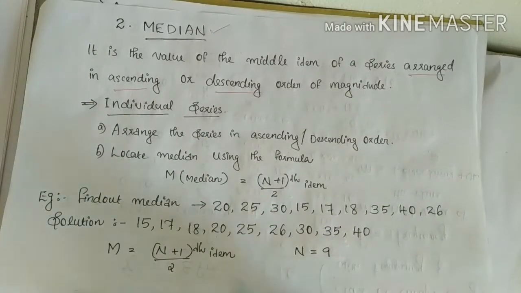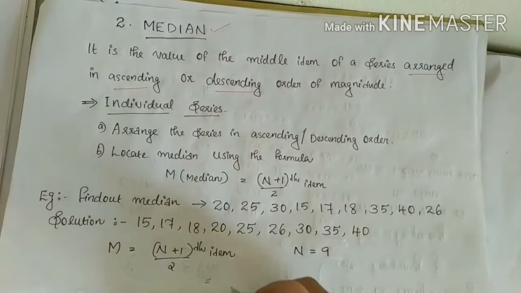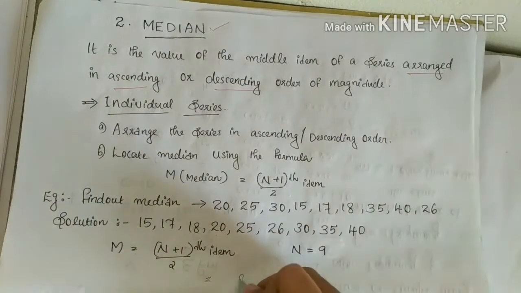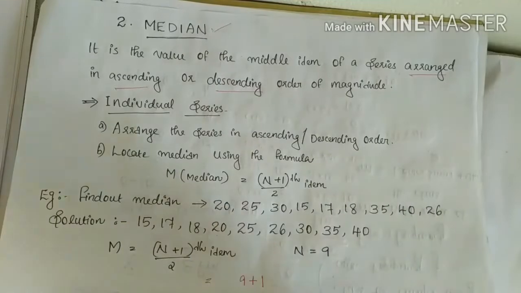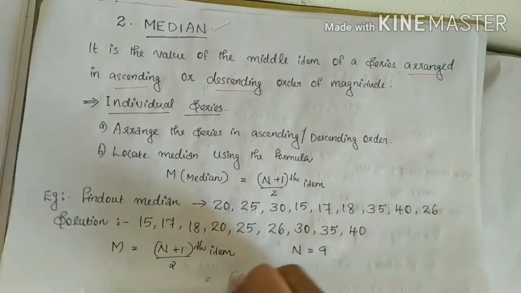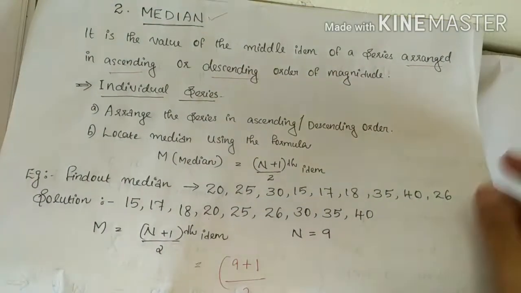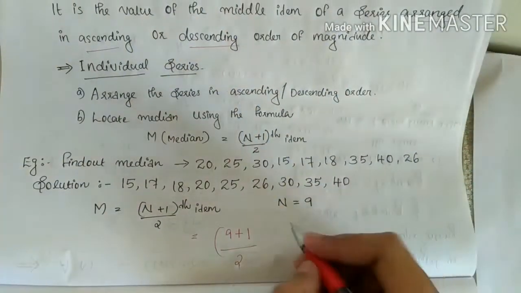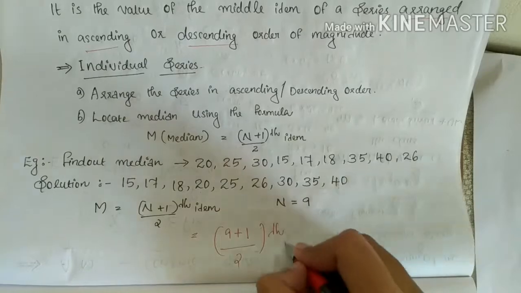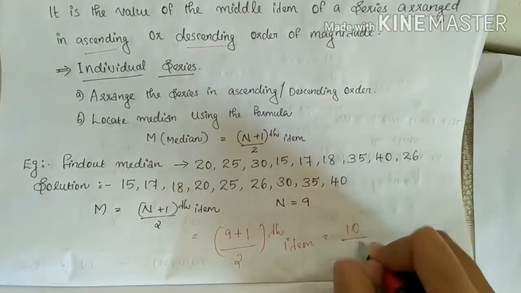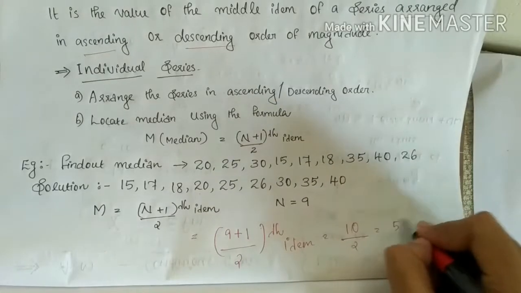N is 9. Then apply the equation: (9 plus 1) divided by 2th item, that is 10 divided by 2, that is 5th item.